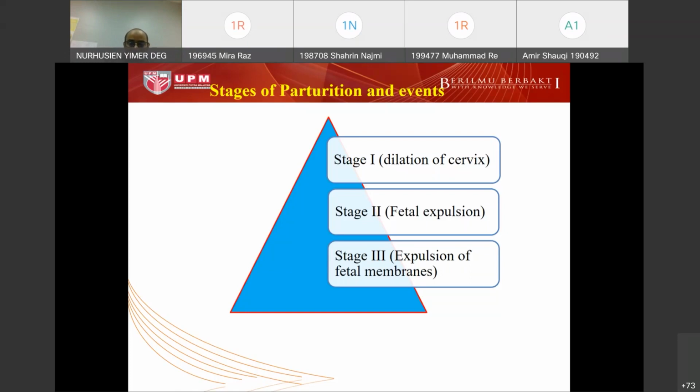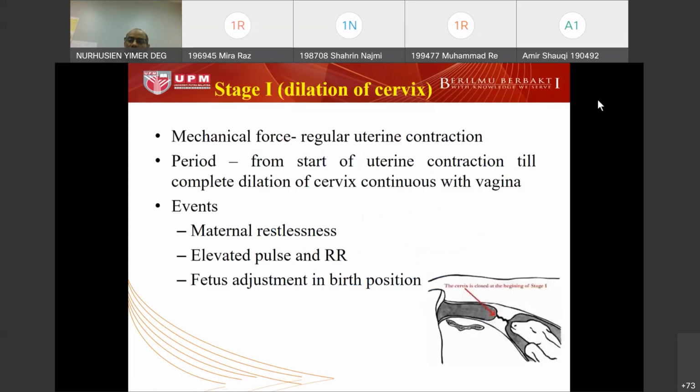So when we talk about stage 1, which is, as I mentioned, marked by dilatation of the cervix, of course, before the cervix is dilated, we do have other signs of parturition being expressed by the dam. Among these is the contractile activity of the uterus.